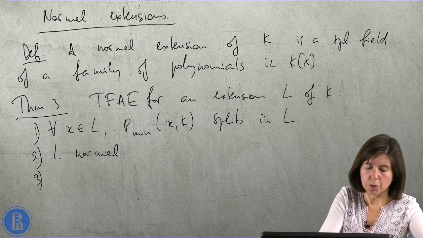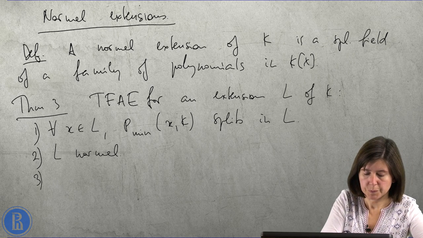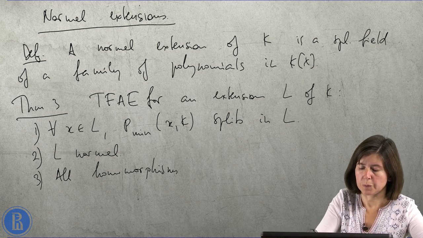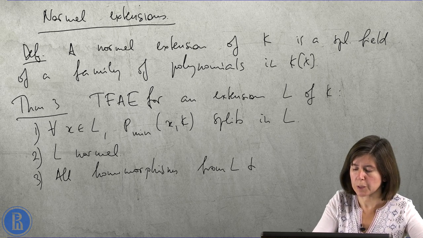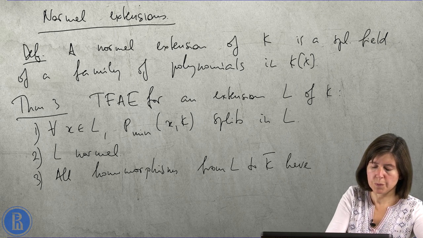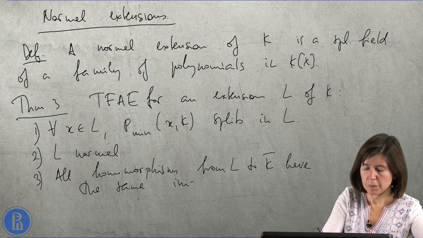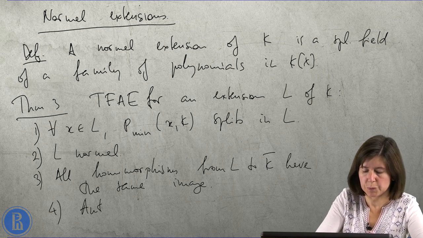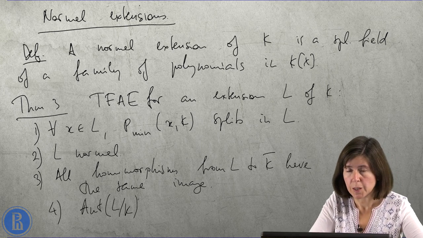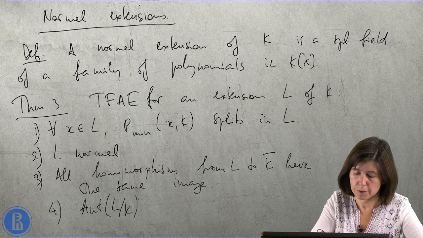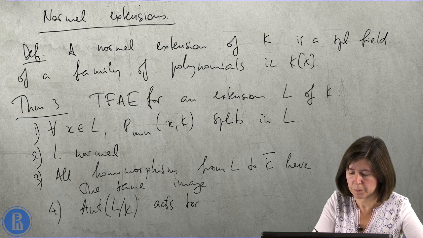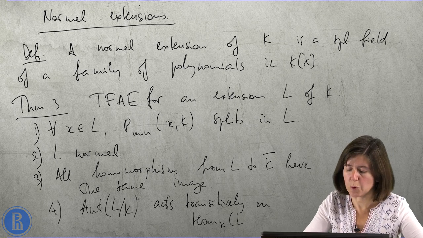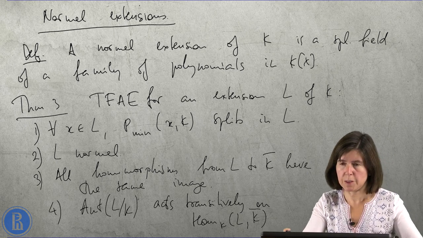Third, all homomorphisms from L to K bar have the same image, and fourth, the group of automorphisms of L over K acts transitively on this set of homomorphisms from L to K bar.